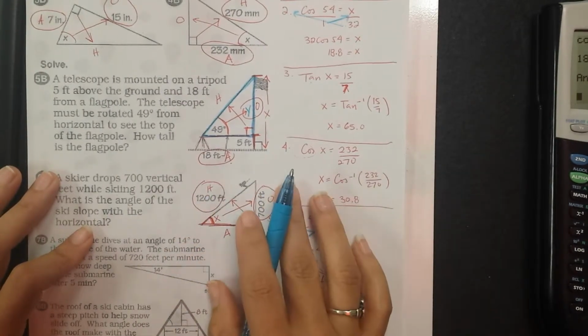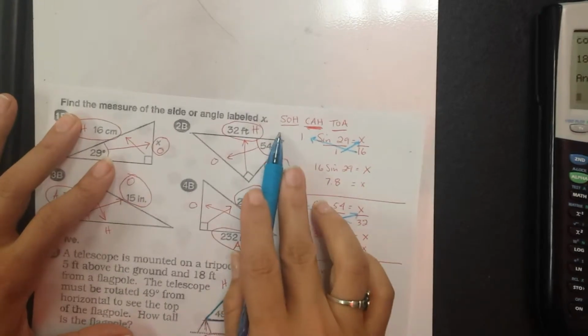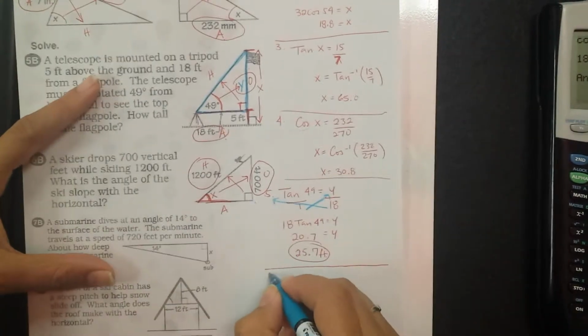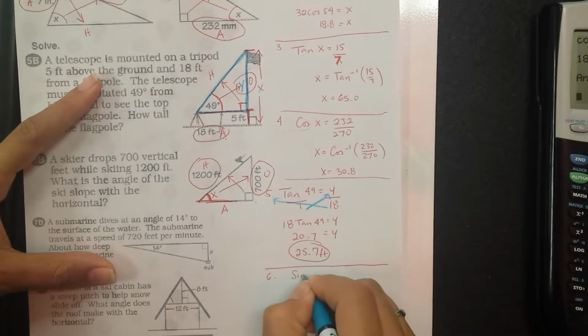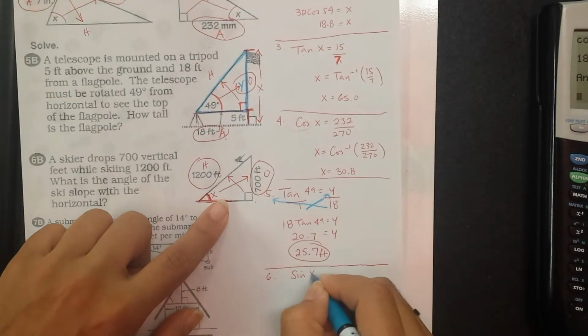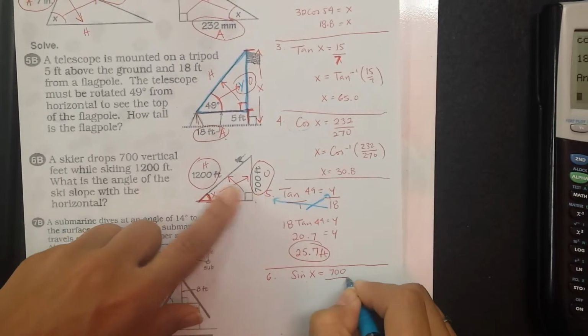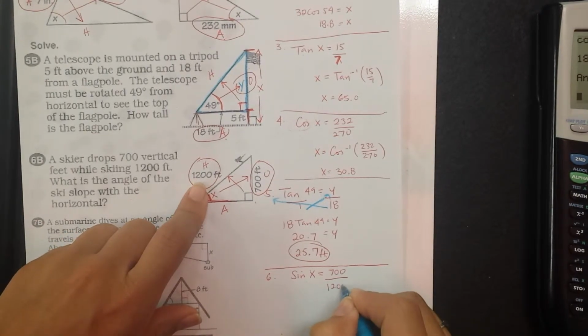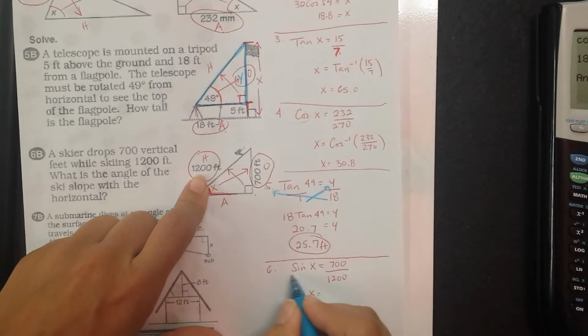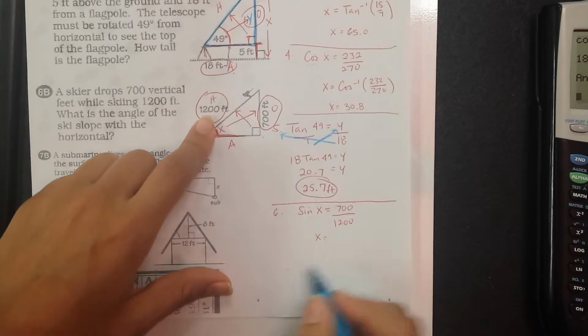So O and H. So number 6, sine of the angle, which I don't know, equals opposite, which is 700, over hypotenuse, which is 1,200. Again, get X by itself. You have to get rid of sine. To get rid of sine, take the inverse.